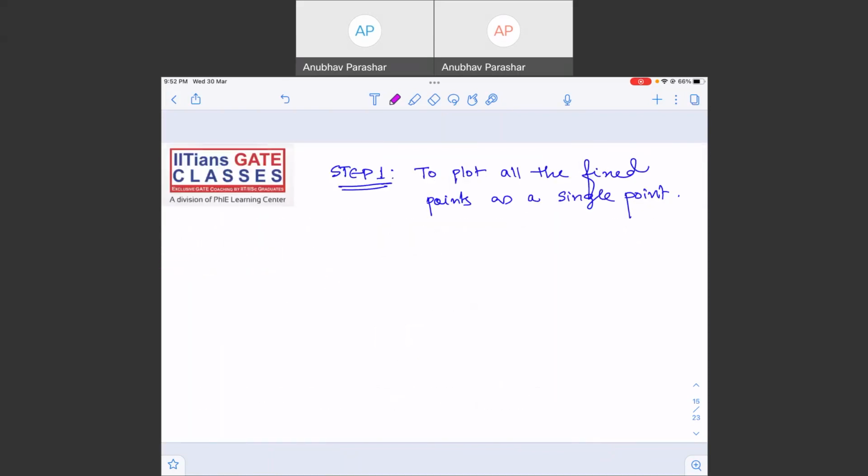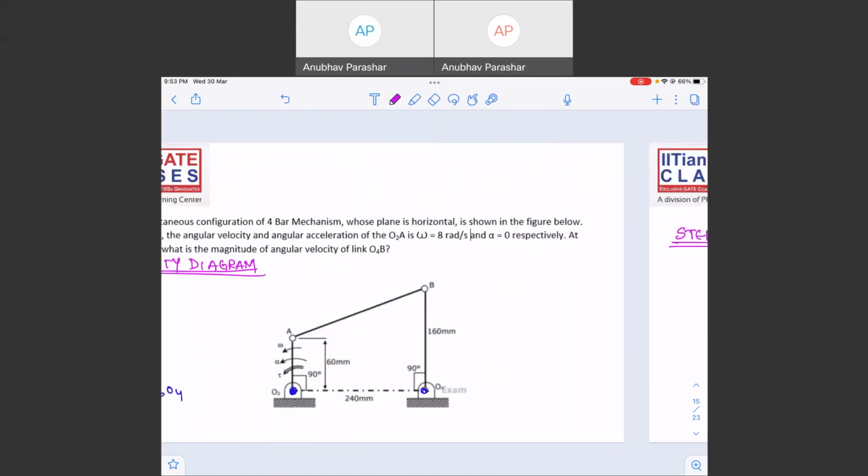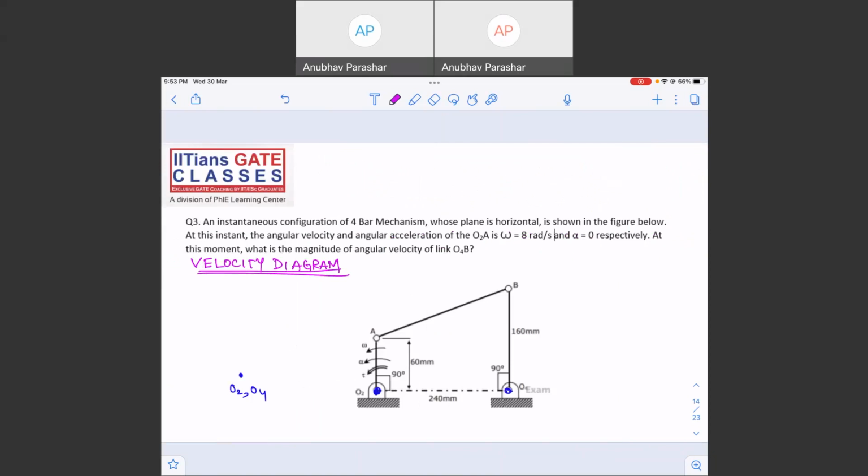Okay, so step 2: plot the velocity of point A. If you want to plot the velocity of point A, can I say it will be a line perpendicular to OA? Yes or no?